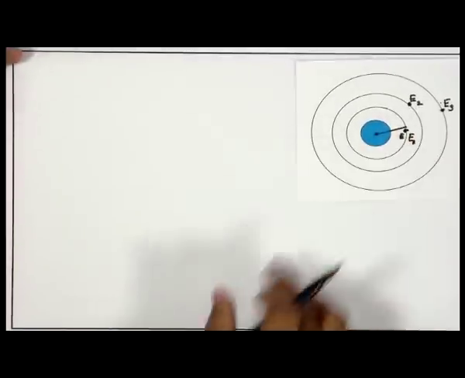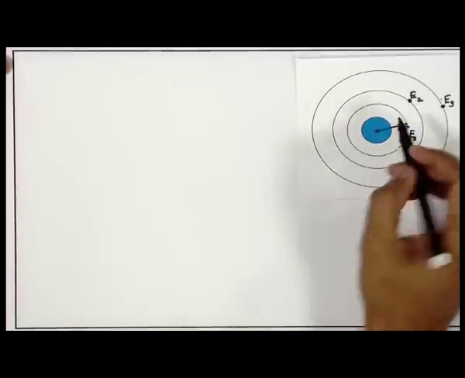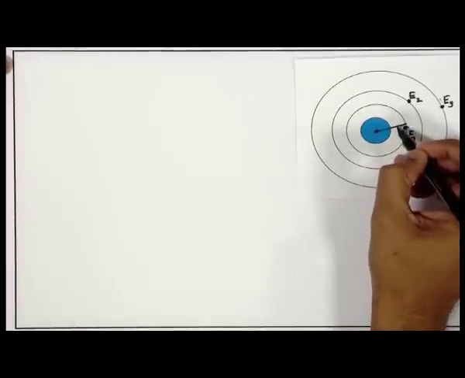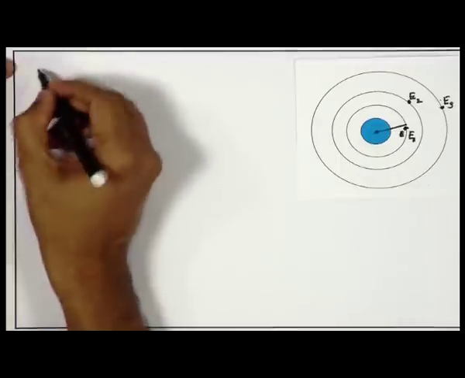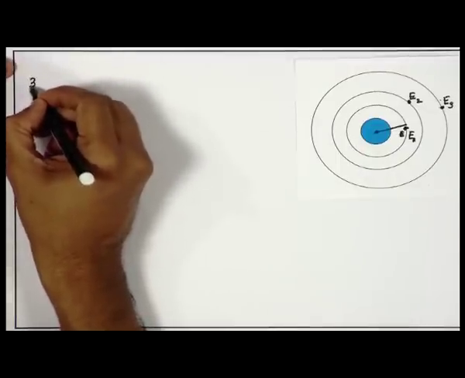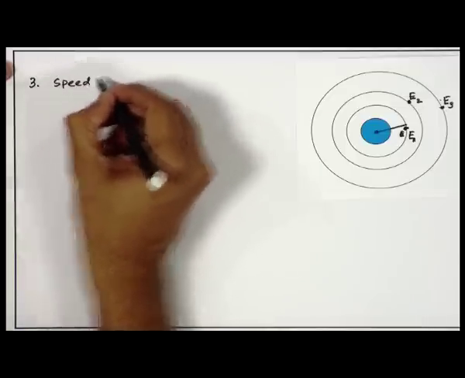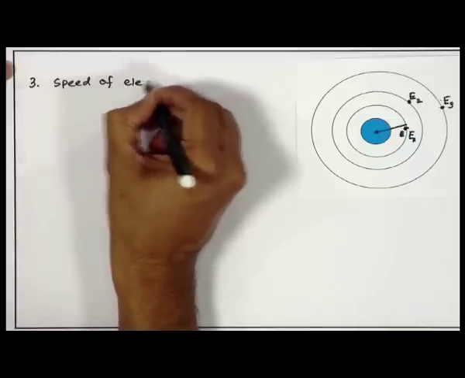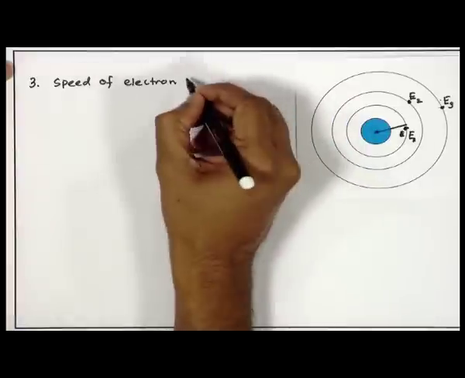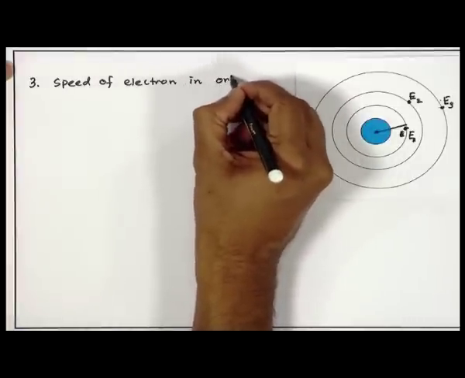So, we saw that Bohr's atomic model could give analytical expression for the radius of these orbits. We can also use Bohr's atomic model to get the speed of electron in any orbit n.